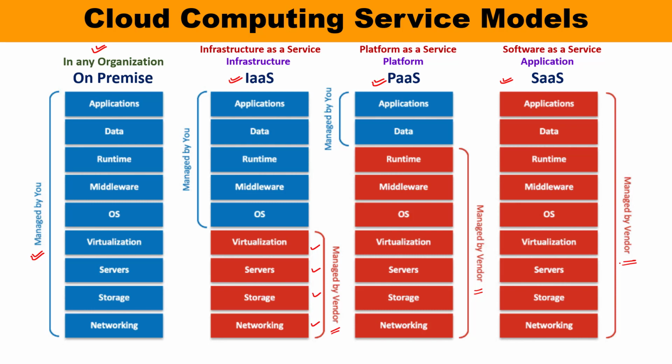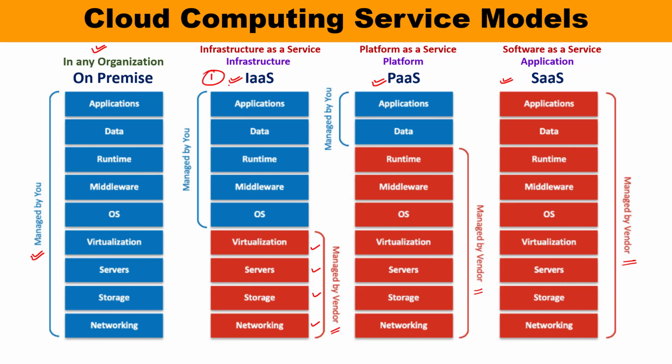Now let me give you a very basic example in very layman terms so that you'll be able to understand. When we are talking about infrastructure as a service, right? Suppose you want pizza from Domino's, right?